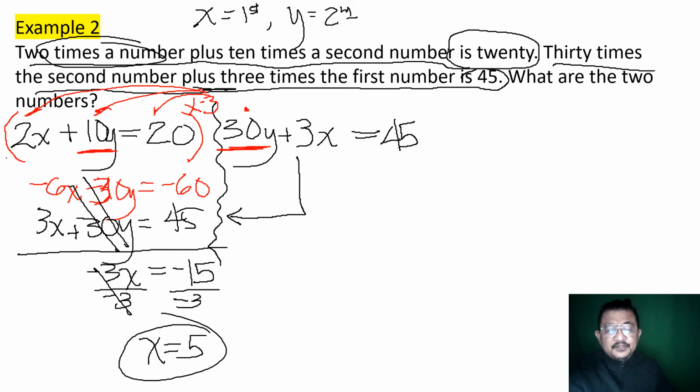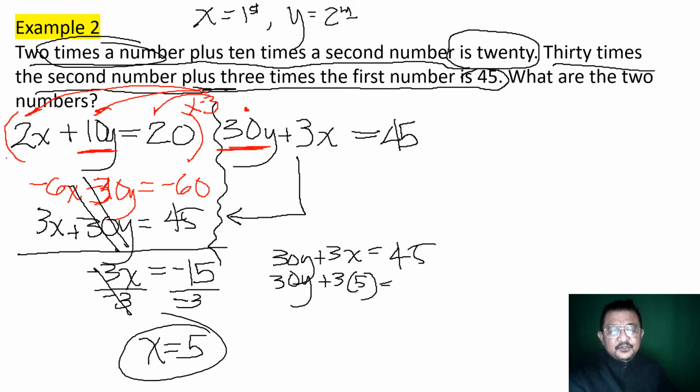So if you want to know the value of the second number, plug it into any of them. So let's say I want to use 30y plus 3x is equal to 45. So 30y plus 3 times 5 is equal to 45. 30y plus 15 is equal to 45.